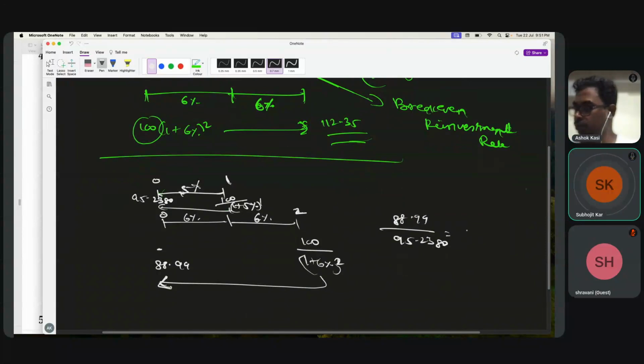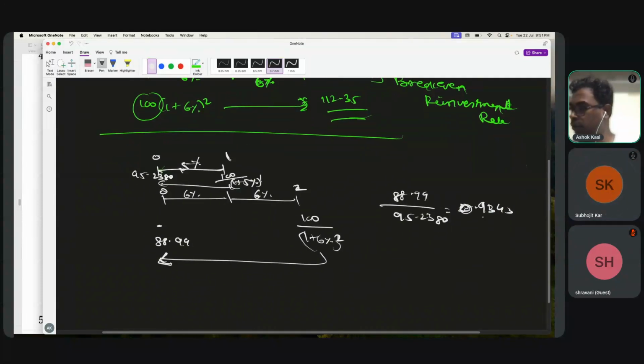It comes to 0.9343. So that means this bond's price.